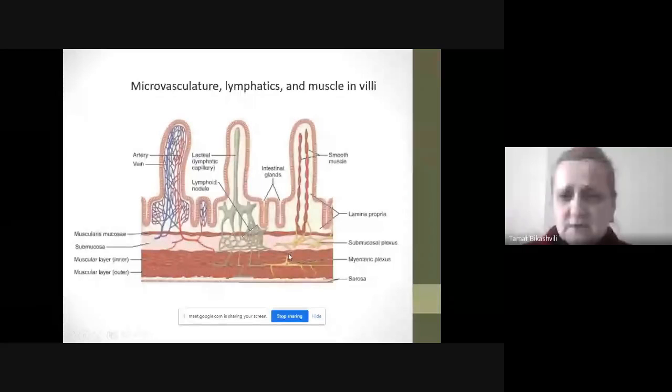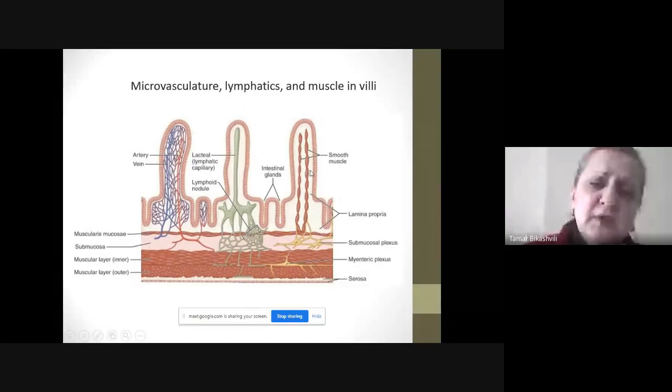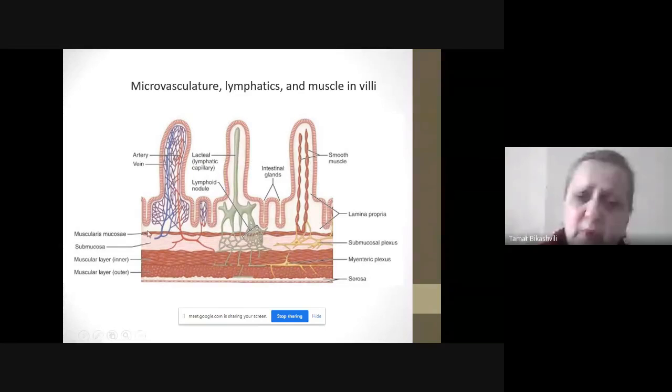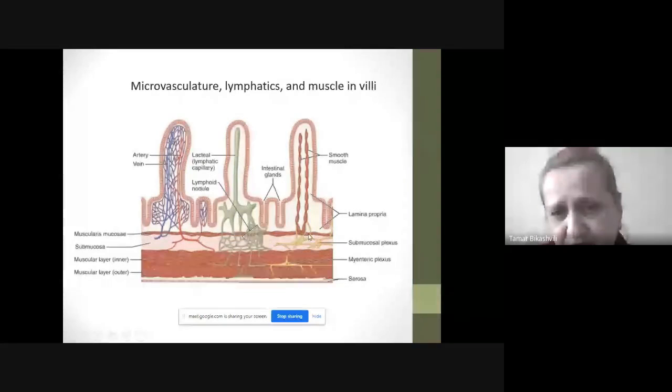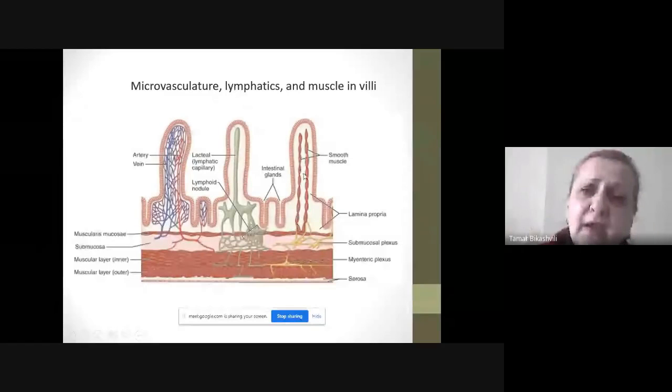Also, you can see the smooth muscle. If you remember, in the lamina propria smooth muscles are also located. These smooth muscles are the muscularis mucosa. From this, projections go to the villi, and smooth muscles are also in the lamina propria.